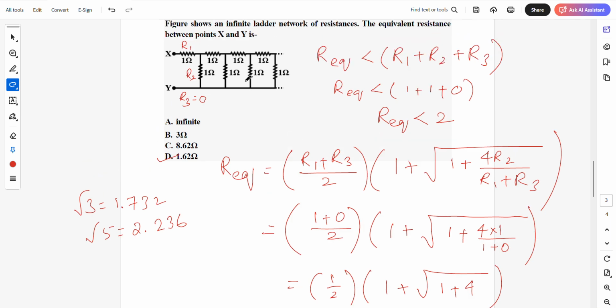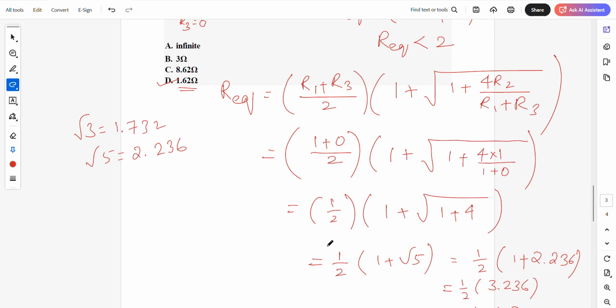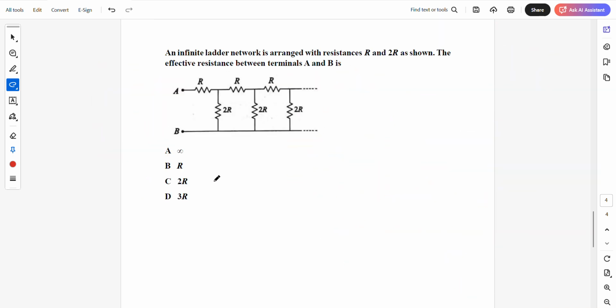But as soon as we saw this sum, we could take 1.6 because R equivalent is always less than R1 plus R2 plus R3, that is less than 2, and there is only one such answer. By chance, if they give all the values less than 2, you have to use this formula and try to do it. Just remember root of 5 as approximately 2.24. Okay, next problem.